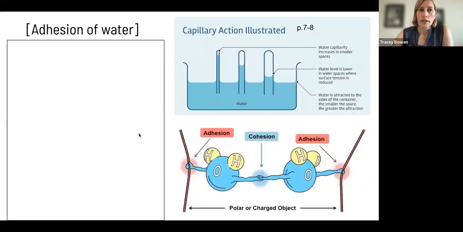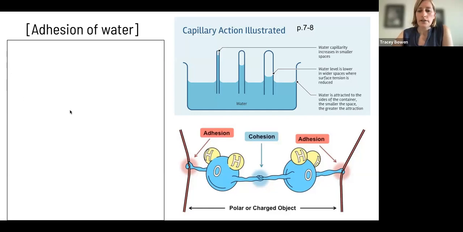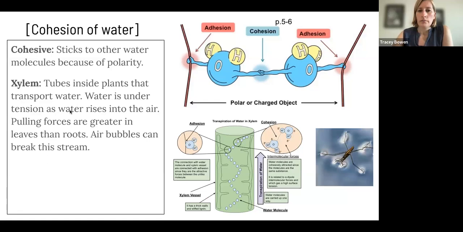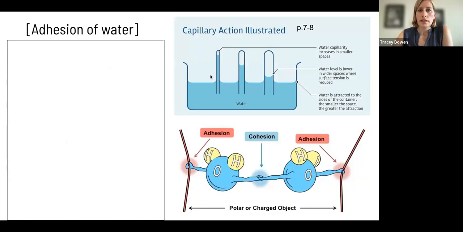Adhesion of water is where water sticks to other surfaces because of these other surfaces' polarity. In the case of plants, it's going to stick to the inside of the xylem. And that's going to help it to crawl up the xylem in conjunction with cohesion. You can kind of see that happening in this slide here.